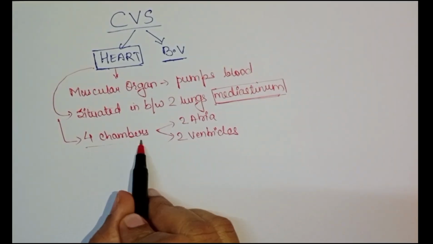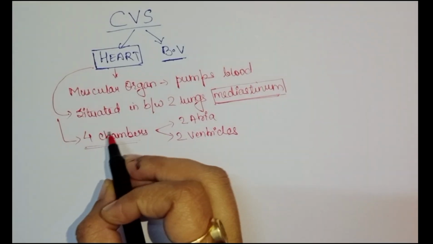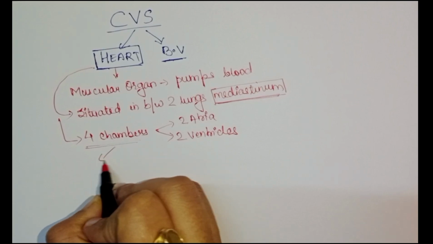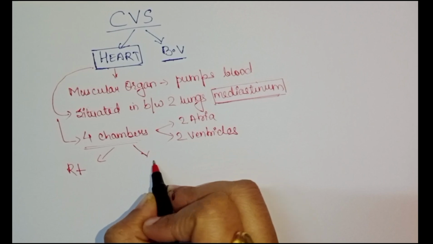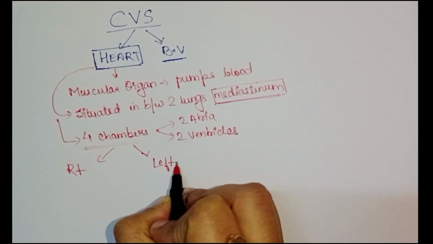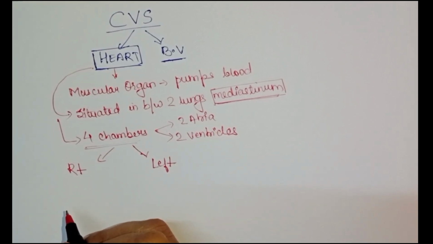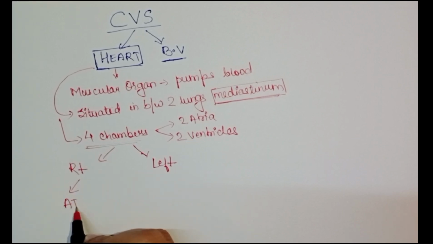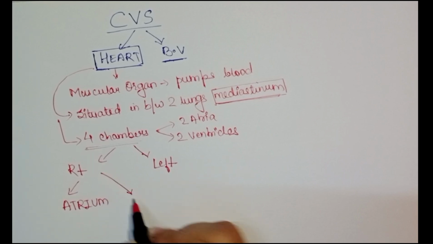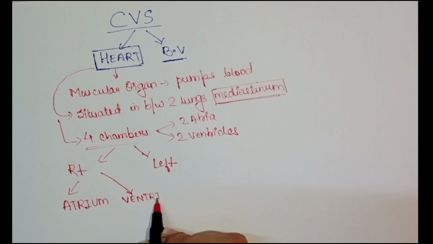Basically, the 4 chambers of the heart are divided into first the right side of the heart and second the left side of the heart. The right side constitutes the right atrium and right ventricle.